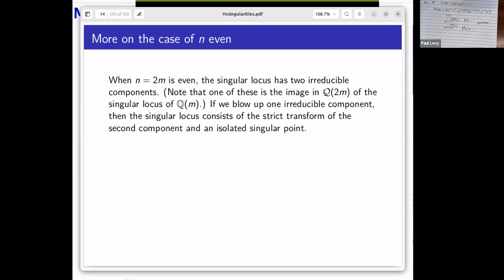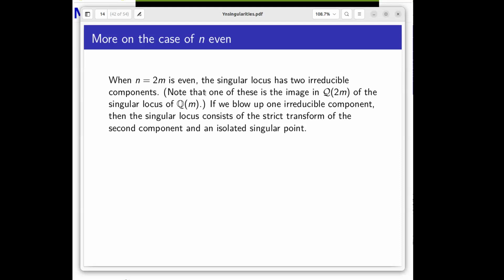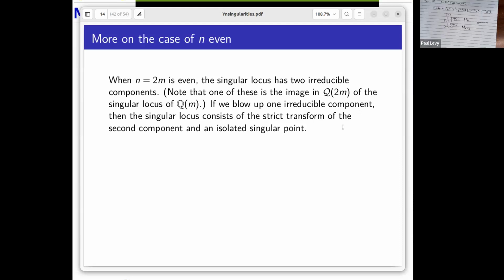And then there's a comment there about one of them coming from the quotient. This should be a curly Q of n. So instead of blowing up the whole singular locus, we could just pick one irreducible component and blow that up, and leave the other one alone. And that's allowed. It turns out that this also gives you a symplectic singularity.